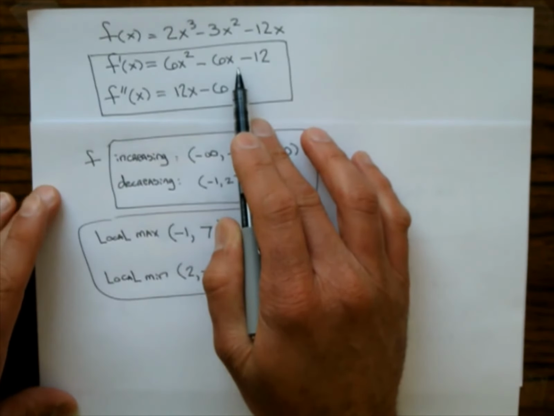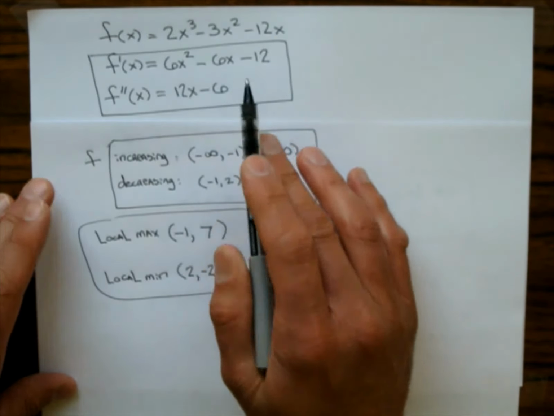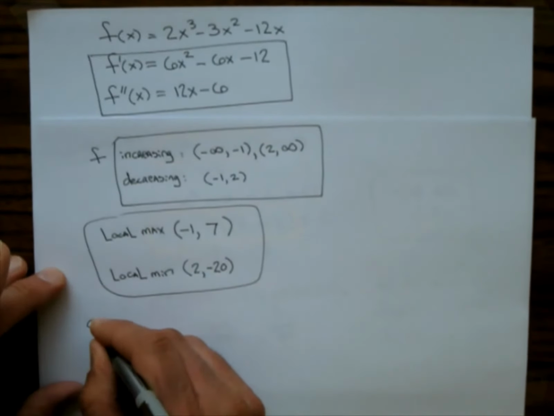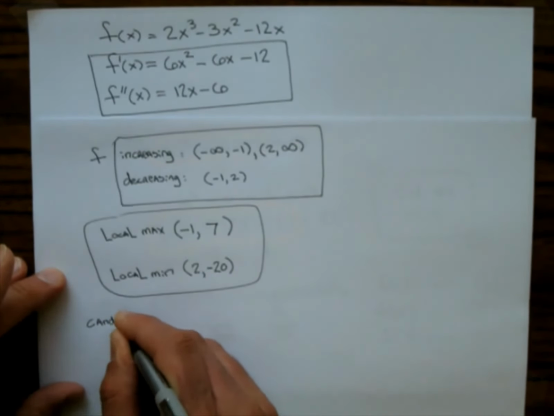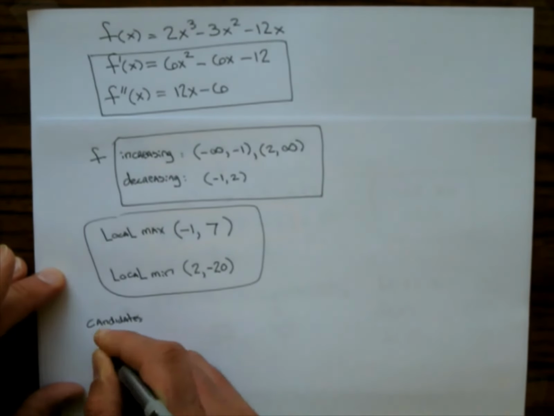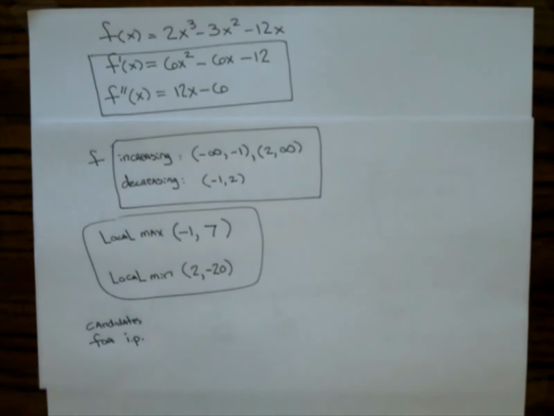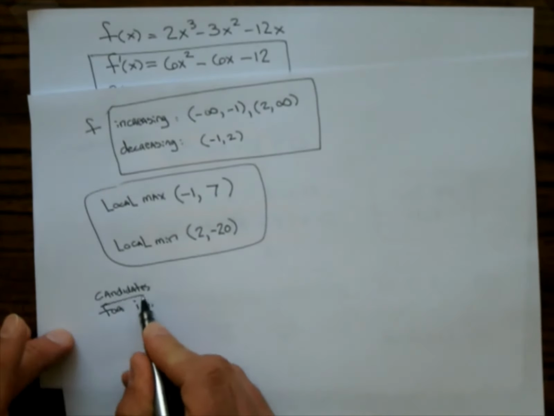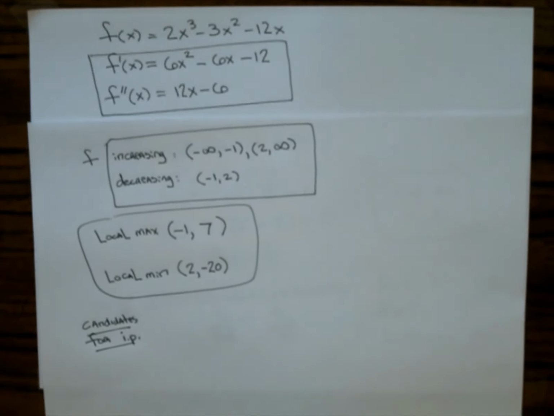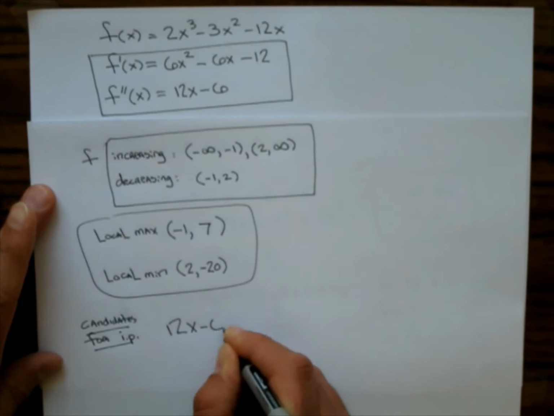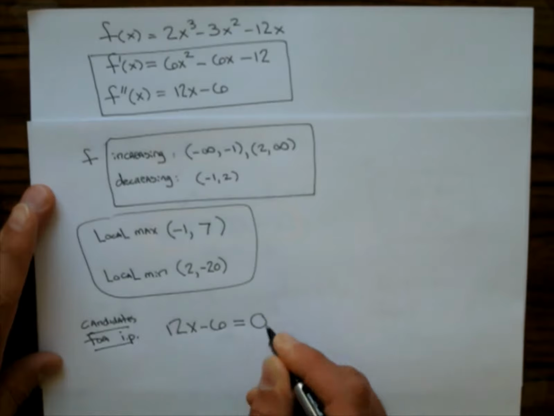So before I find the concavity, I have to find something called, not the critical numbers, but the candidates for inflection points. Okay, so that's what I'm going to find, the candidates for inflection points. Maybe I'll underline this. And how do I find the candidates for inflection points? I take the second derivative and I set it equal to 0.